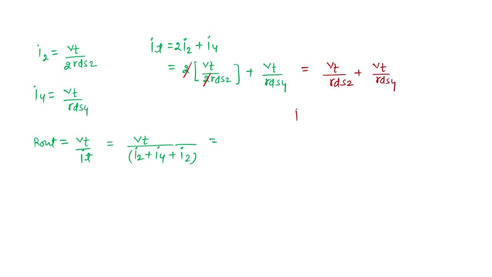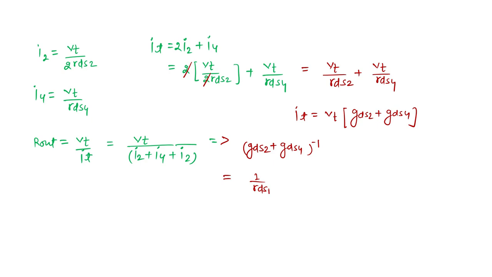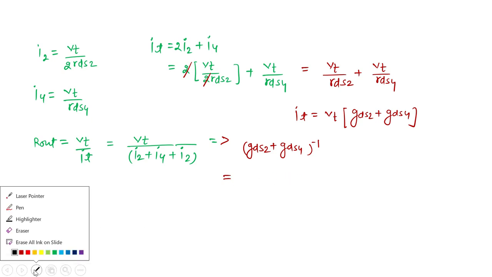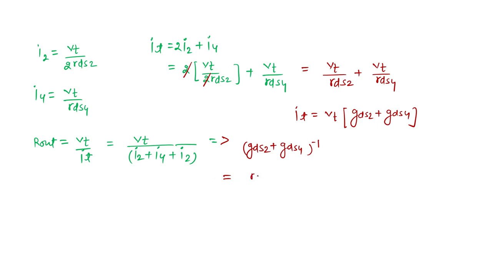It ideally looks like ID equal to IT equal to VDS times (GDS2 plus GDS4), or I should say R out is the reciprocal of GDS2 plus GDS4, or 1 upon RDS2 parallel with, sorry, I missed. So this thing we generally see. It is not as simple and straightforward as we know. So it is nothing but RDS2 parallel RDS4.